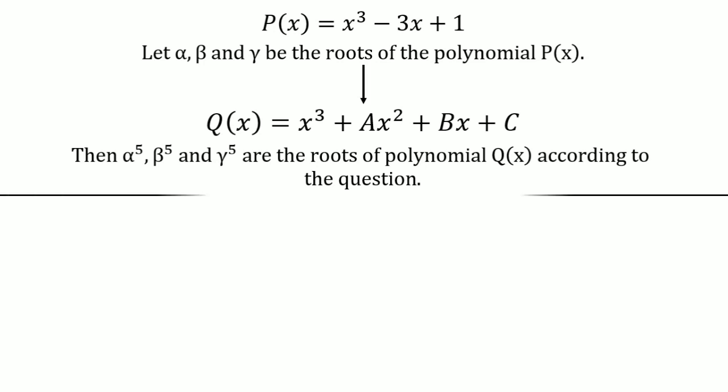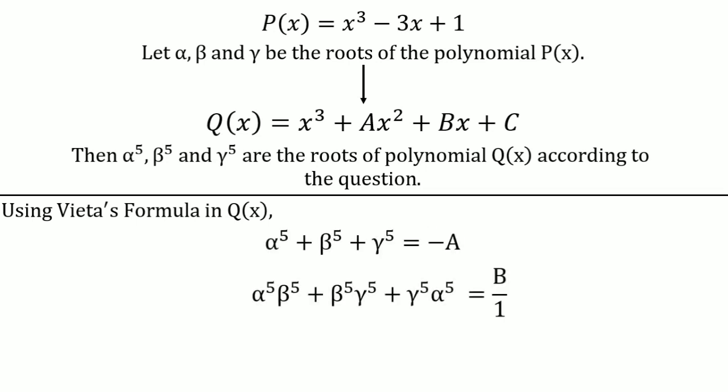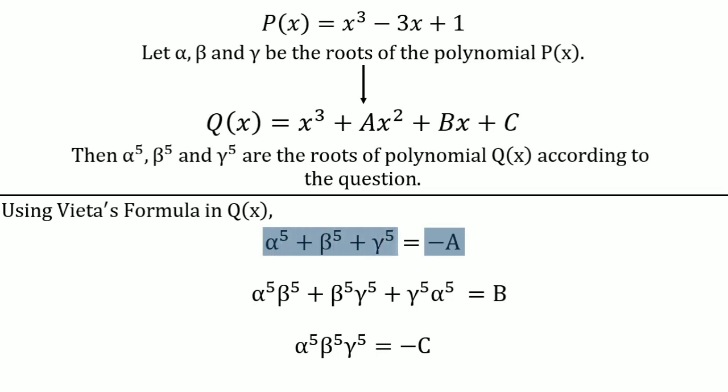Now using Vieta's formula in polynomial q(x), the sum of the roots is equal to −a/1, so this is equal to −a, and the sum of products of pairs of roots is equal to b/1, which is equal to b, and the product of the roots is equal to −c. So once we find the sum of roots, we can easily find the value of a, and similarly for b and c.